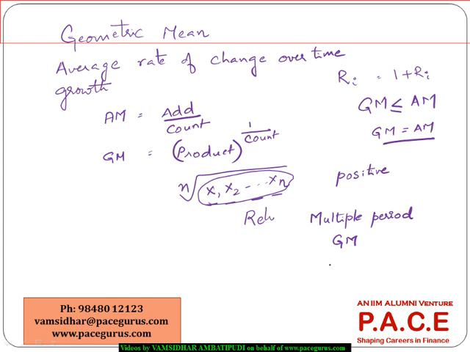But if I am looking at a single period performance, then obviously the arithmetic mean is the most important factor to look at. So that's one of the prime reasons. There is a lot of application surrounding the geometric mean for us.